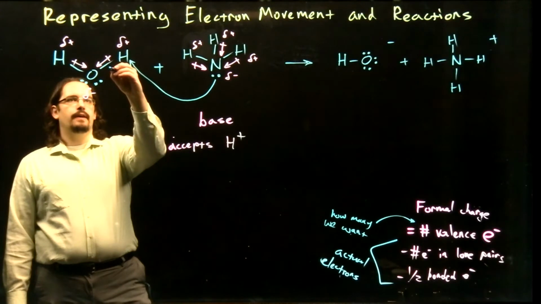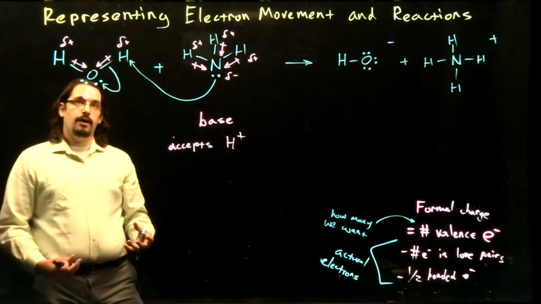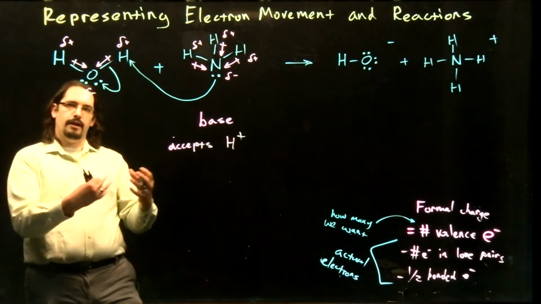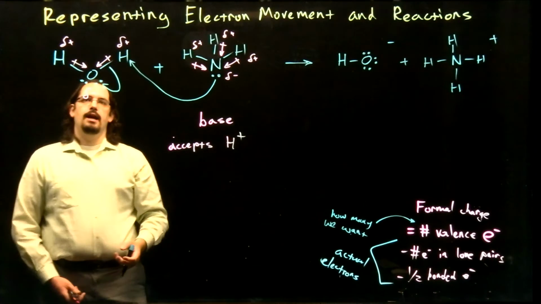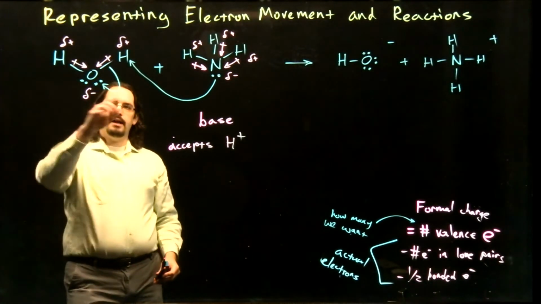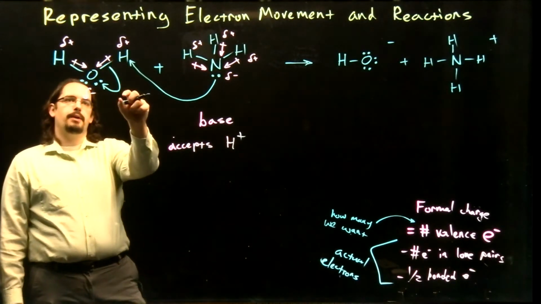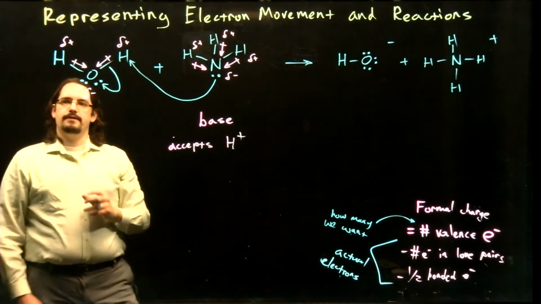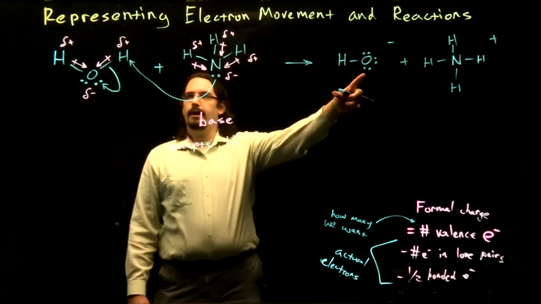So we also take the electrons from this bond and move them over towards the electronegative oxygen, which is already pulling on those electrons. So it's just pulling a little bit harder to break the bond and bring those electrons over to our oxygen. Again, we show those electrons moving with our arrow. The electrons are going from this bond, the bond is breaking, and we're dumping those extra electrons on our oxygen to make a new lone pair.